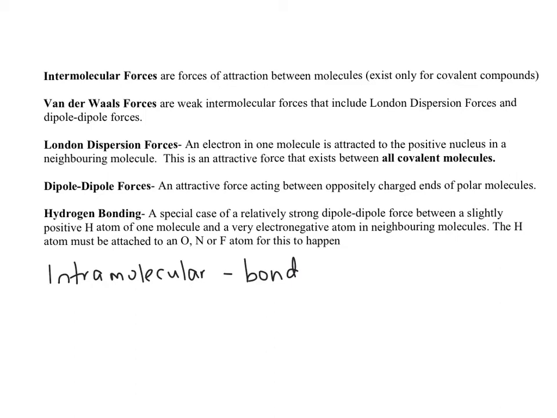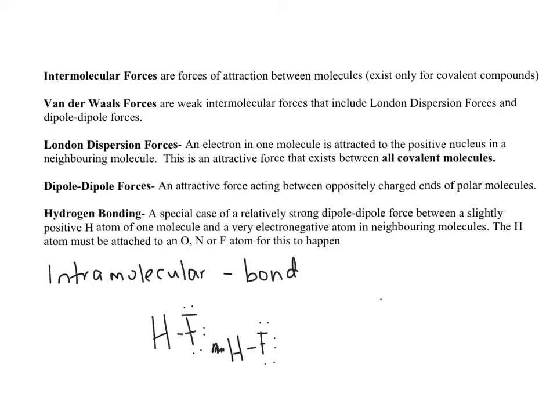So this molecule can have hydrogen bonding, and it's between this H in the bottom right and the fluorine atom. The H has to be bonded to one of those atoms.